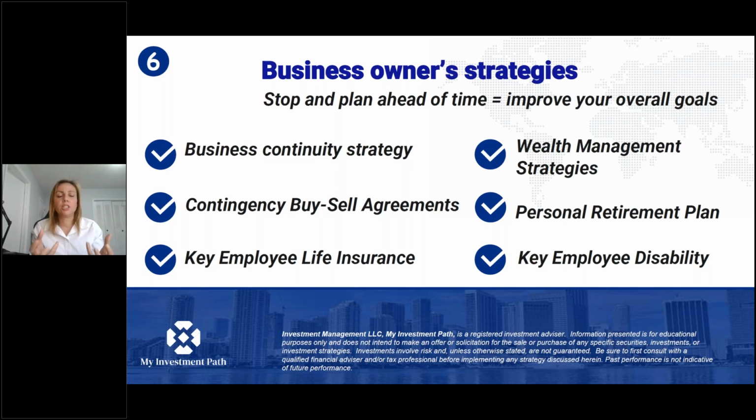With the contingency buy-sell agreements, what you do is you purchase life insurance on each other's share. Or 50,000, because if two are having to buy the share of another one, each of them has 15,000 on the share of the other person. So if this person passes away, you get paid by the insurance company those 15,000.